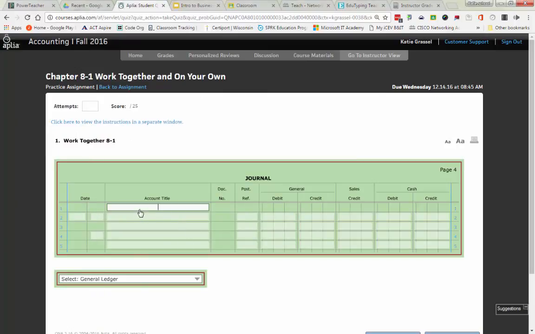You're going to type right here, centered, the words adjusting entries. That's a heading to say that what we're doing below, we don't have any source documents. We're just doing this because I have to account for things that I've used up throughout my fiscal period.